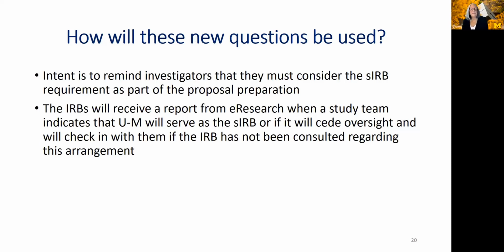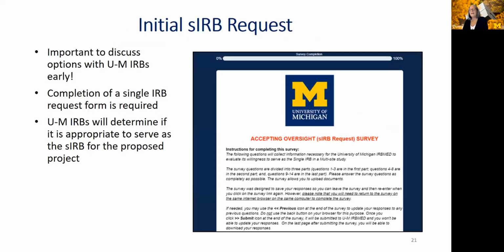And the intent, as I said, of these new questions is to remind investigators that they must consider this requirement as part of their preparation, and that they must consult with the IRBs as part of the proposal development process. Now I'm going to turn it over to Judy to discuss the process in a little more detail.